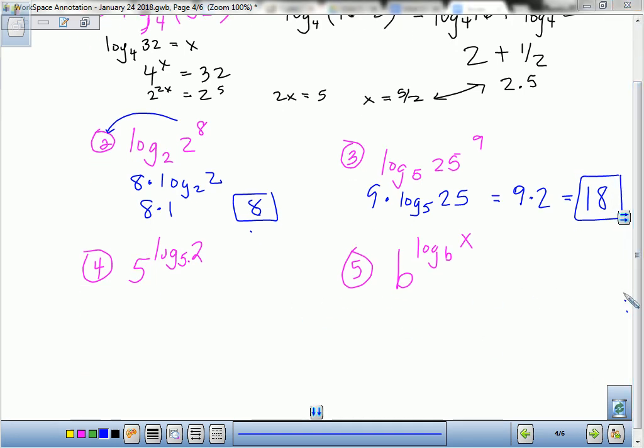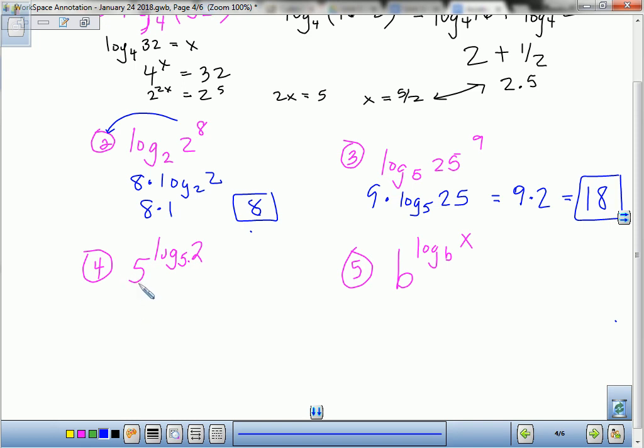All right, now, I can't look at this and do anything with it. It is bizarre looking. There is a logarithm as the exponent. That just seems wrong, because a logarithm is an exponent. So whenever I get befuddled with logarithms, if I don't like the way it looks, I switch forms.